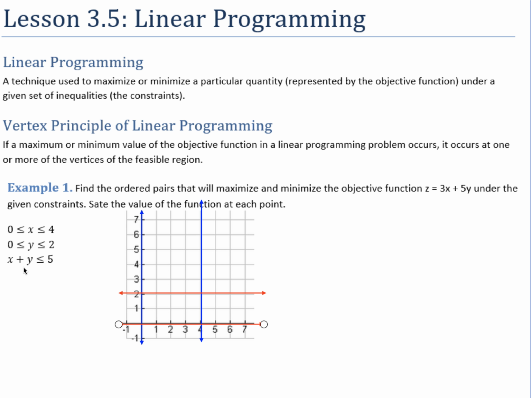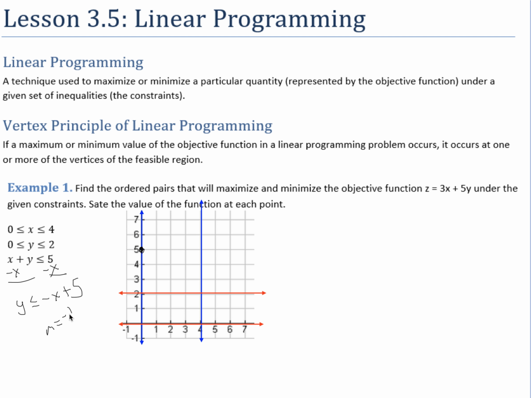Then we have this one, x plus y is less than or equal to 5. Let's go ahead and put that in slope-intercept form, so we would subtract x from both sides. And that would give us y is less than or equal to negative x plus 5. And we know this is a line that goes through 5 on the y-axis and has a slope of negative 1.